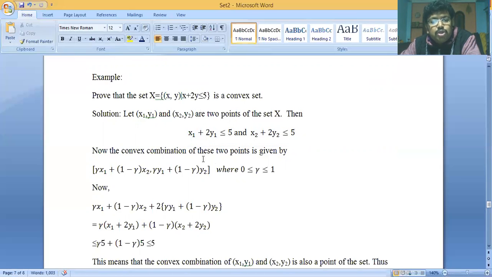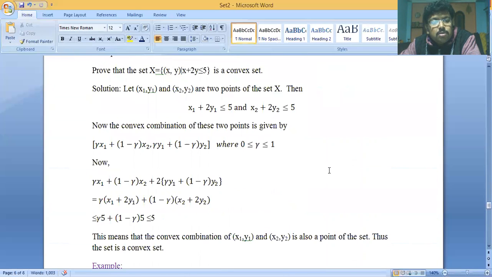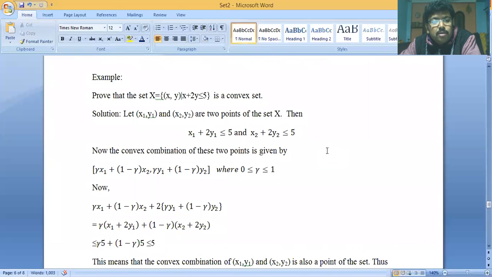Now the convex combination of these 2 points is given by, as I have mentioned, this. This is the convex combination. So gamma x1 plus 1 minus gamma x2 is the convex combination. Gamma multiplies with the a1 point and 1 minus gamma multiplies with the a2 point.